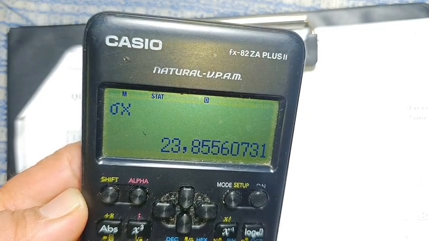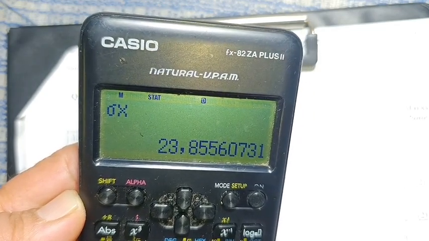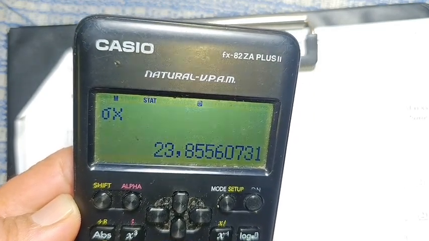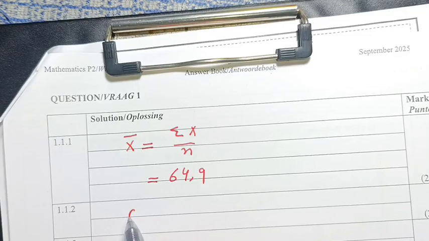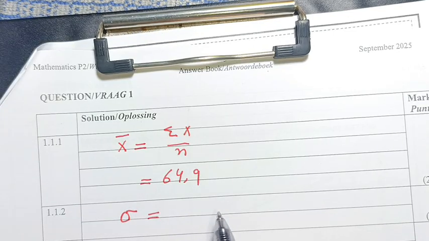My answer is 23,86. This is the sign of standard deviation. The answer is 23,86. This is my final answer.